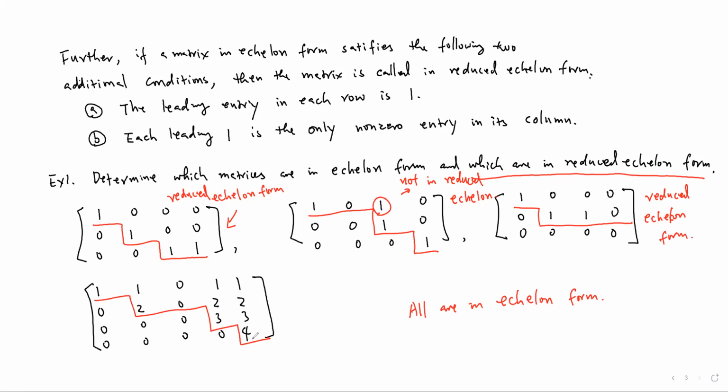The last matrix is clearly not in reduced epsilon form, because the leading entries are not 1. So this is about the definitions of epsilon form and reduced epsilon form.